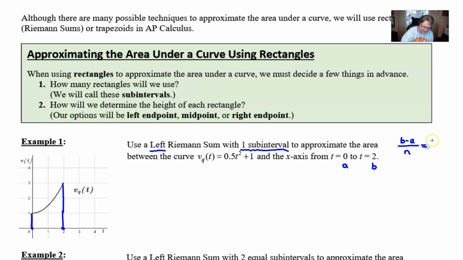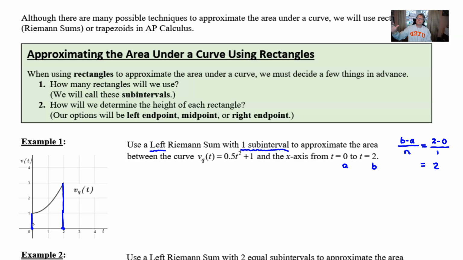Now in this case, B is 2, A is 0, as you can see from my depiction here below, and my n is 1. That certainly means that the width of your rectangle is going to be 2, and that's not a mystery because you can see that the width is 2.